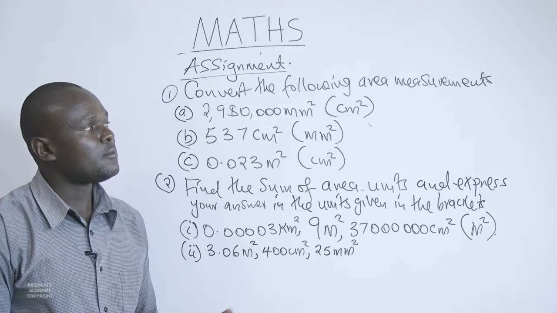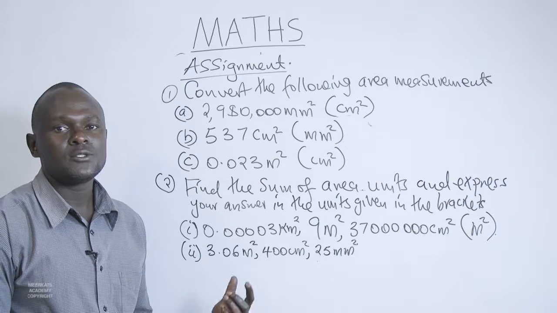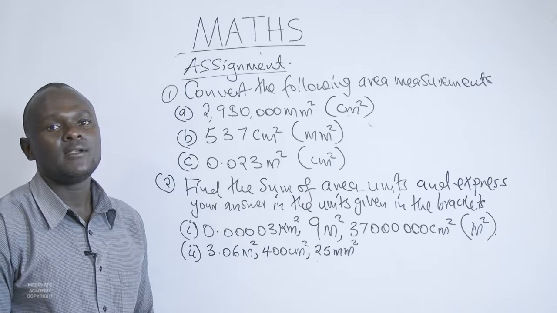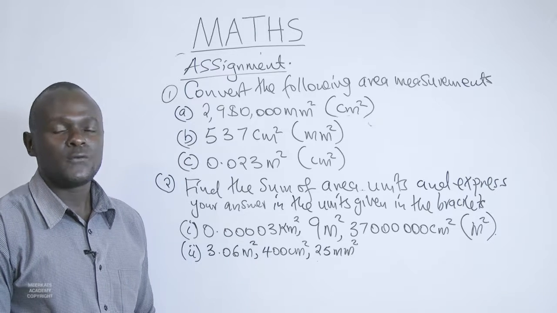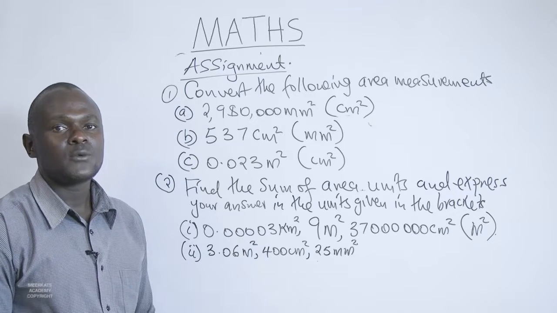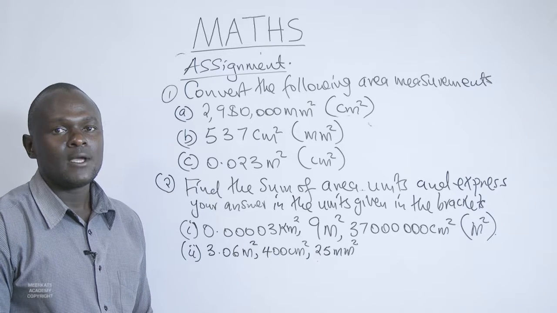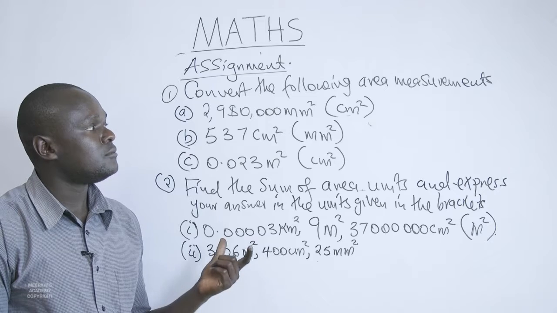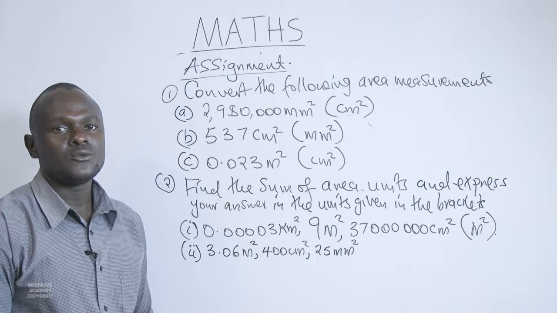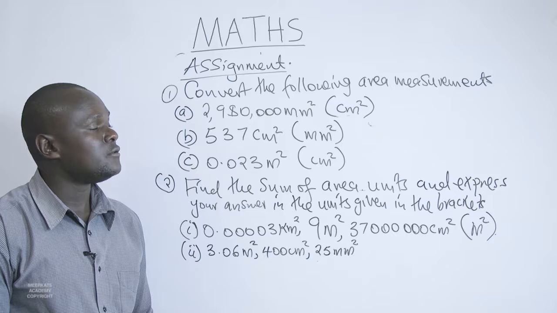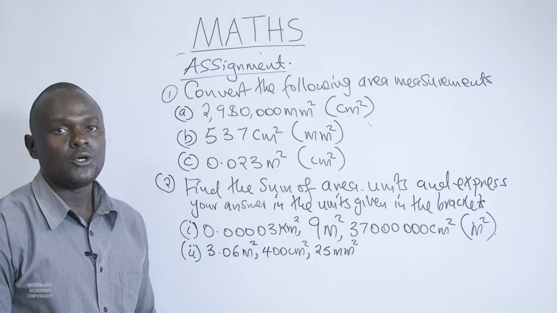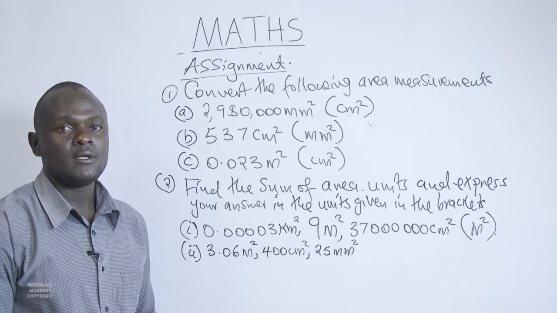That is, when we move from millimeter squared to centimeter squared, we divide by 100. And when we move from centimeter squared to meter squared, we divide by 10,000. And when we move from meter squared to kilometer squared, we divide by 1,000,000 or 1,000 squared.